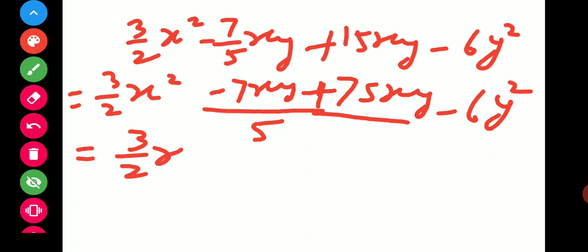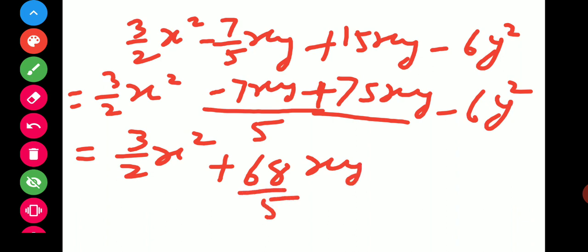It is 3 by 2 of x square, 75 minus 7, so it becomes 68 of xy divided by 5 and minus 6y square. That is your answer.